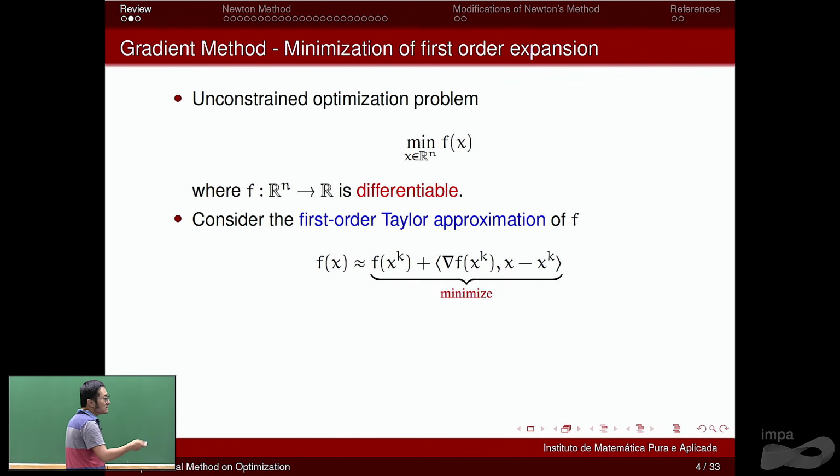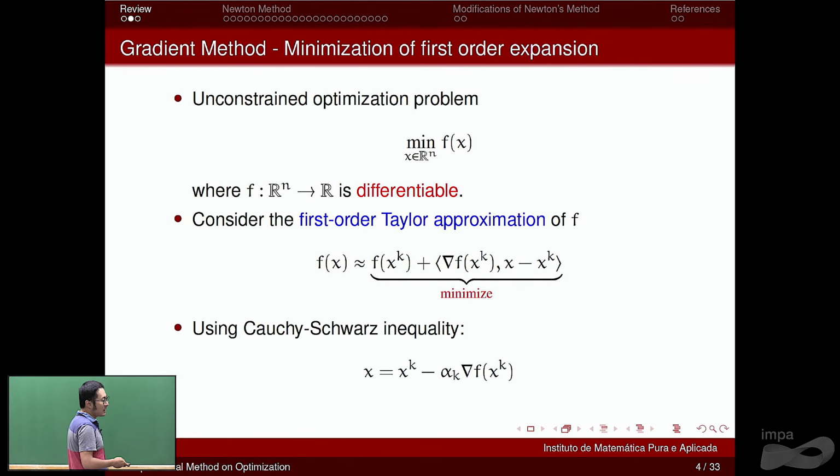Since f is differentiable, you can have this kind of approximation. So what we want to do is minimize this approximation. Here we can use the Cauchy-Schwarz inequality, because you have an inner product here.